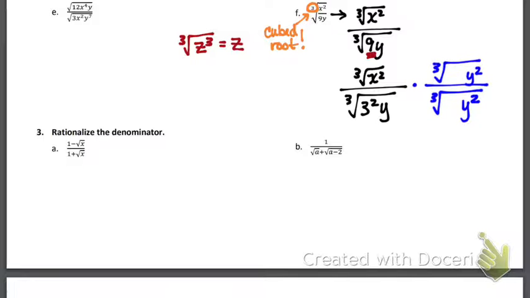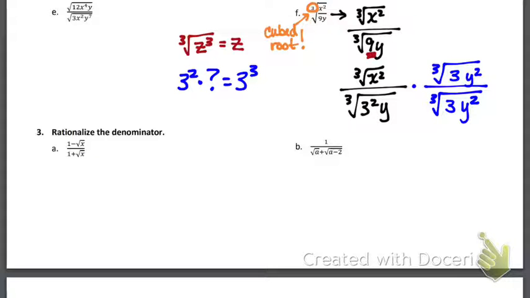If I write it like that, what do I need to multiply by in order to get 3 cubed? I already have 3 squared. What would I multiply by? 3 squared times what gives me 3 cubed times another 3?